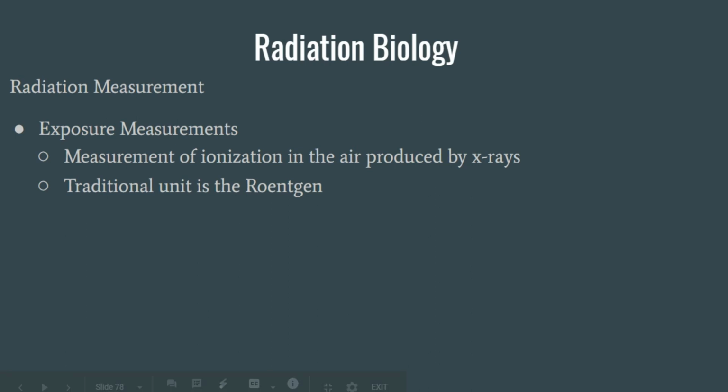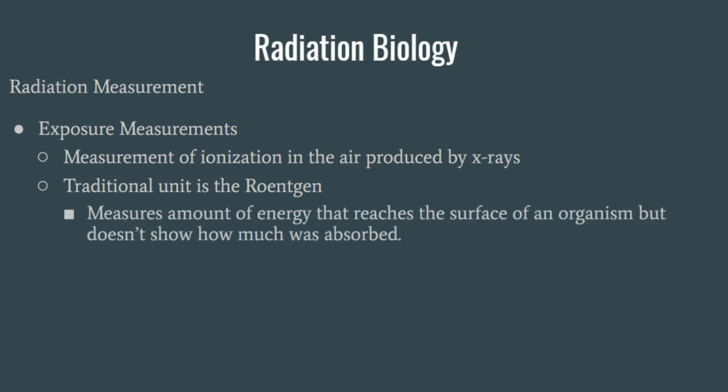And what it is specifically measuring is the amount of energy that reaches the surface of an organism, but it does not show how much was absorbed. So basically, what this is saying is that when you're measuring with a roentgen, there's a known volume of air. So remember, it's measuring the ionization in the air.